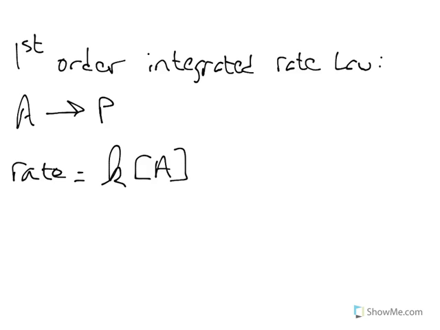All right, I also know that the rate of consumption of A is going to be equal to delta concentration of A over delta time. And since this is a reactant, I need my negative sign there.